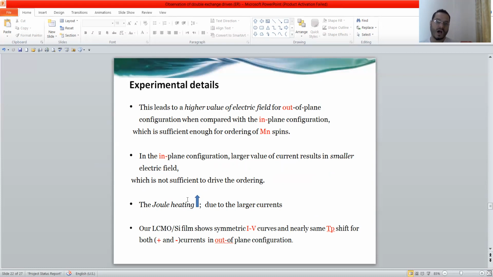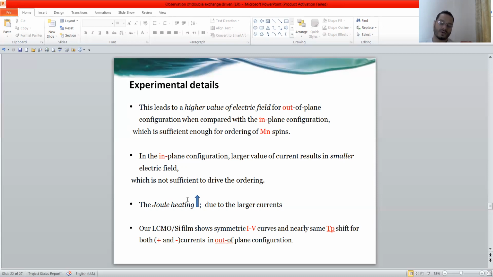This leads to a higher value of electric field for the out of plane configuration when compared with the in-plane configuration. That means we will note a higher value in out of plane than the value of electric field in the in-plane, which is sufficient for ordering of manganite spins.